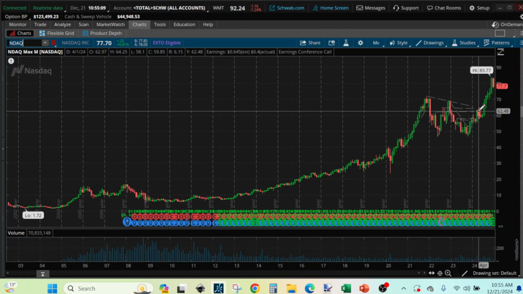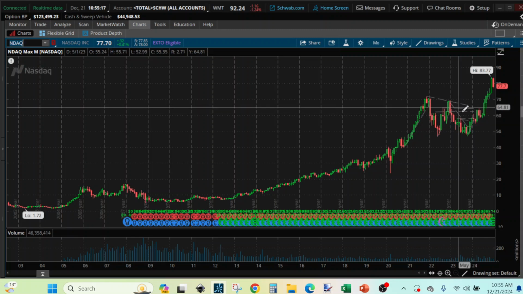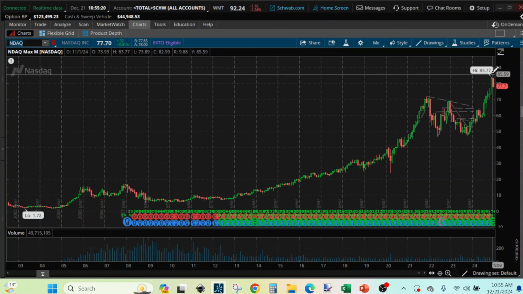The price at the end of 2023 was below those peaks, so they didn't make the cut, but the price at the end of 2024 is higher than those peaks, so they made the cut this time.